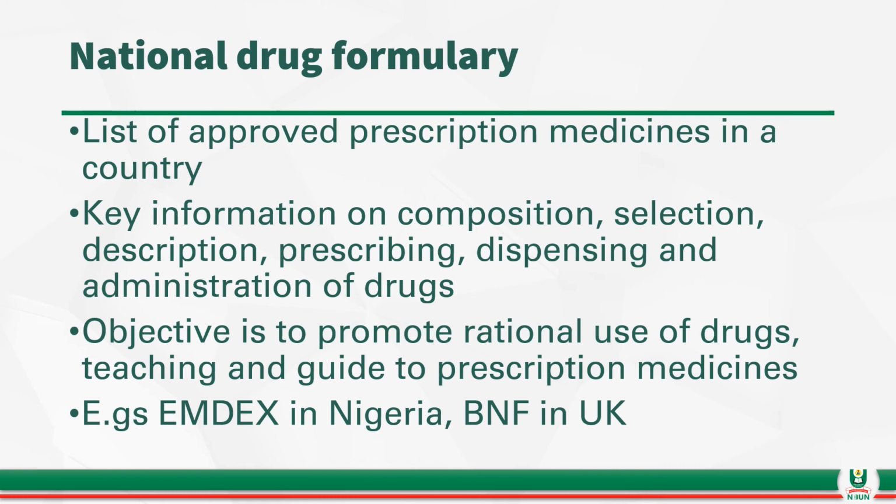That formulary has the list of such approved prescription medicines, and it shows the key. You get all the information you need in terms of composition of such medications, the selection, description, prescribing, dispensing, and administration of such medications. The objective of the drug formulary is to promote rational use of drugs.